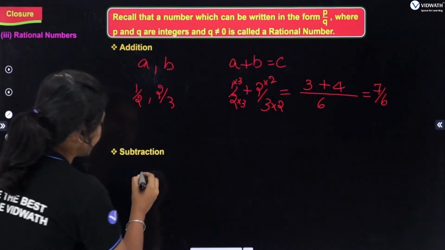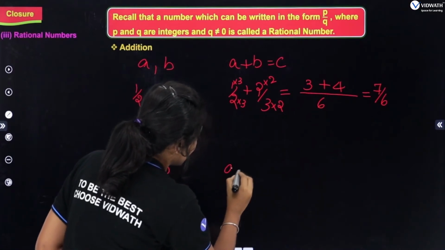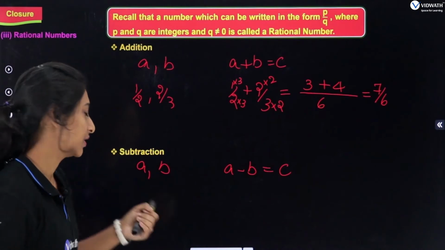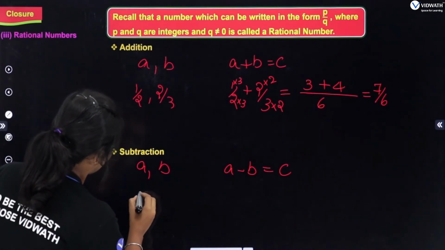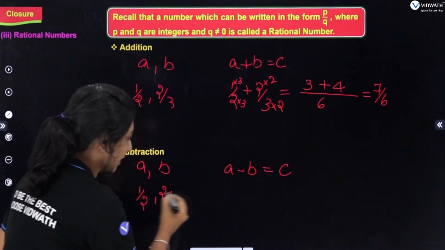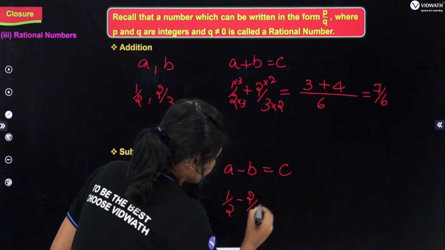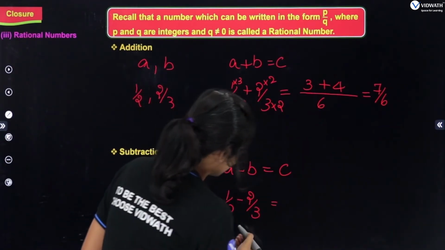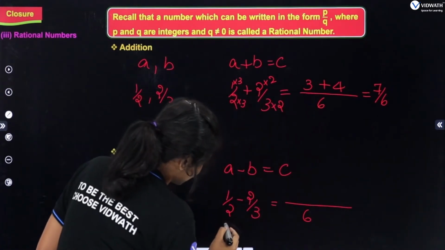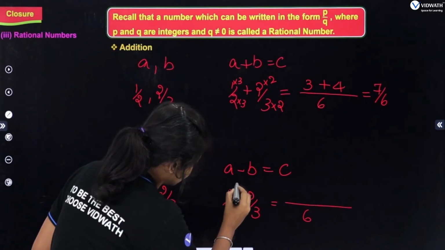So, we can say that the closure property under addition for rational numbers holds. Next, subtraction. If a and b are any two rational numbers, then a minus b is equal to c is also a rational number. We will see the example. If I take a as 1 by 2 and b as 2 by 3, and if I subtract them, that is 1 by 2 minus 2 by 3, which is equal to, LCM of 2 and 3 is 6, and we have to make the denominator 6. So, we will multiply the 2 with 3 and also the numerator with 3.